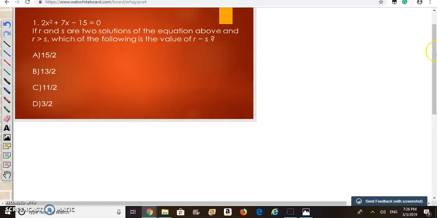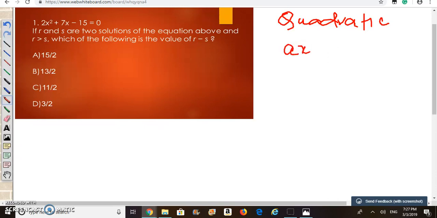Let's start solving it. So, a quadratic equation is a second degree polynomial equation, and in the standard form it is written as ax square plus bx plus c equals 0, where a, b, c are all real numbers and a is not equal to 0.